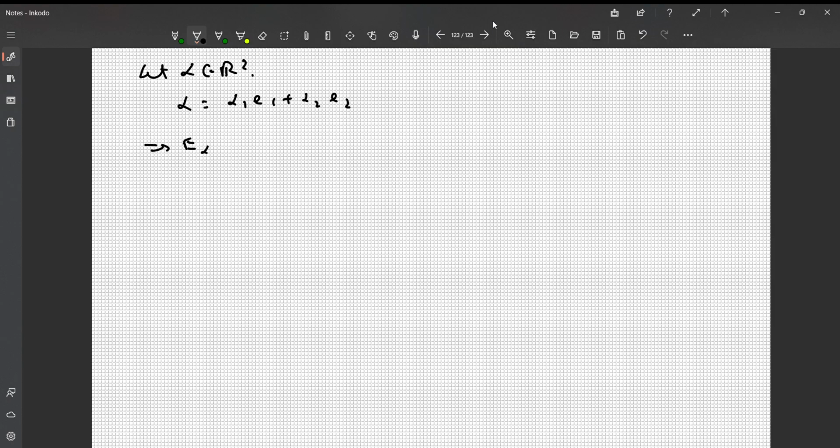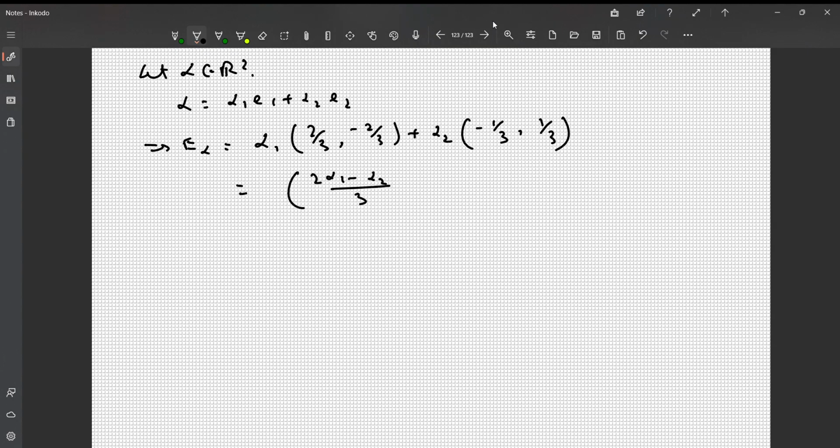So E of alpha is alpha 1 times 2 by 3, minus 2 by 3 plus alpha 2 times minus 1 by 3, 1 by 3. So you can frame it as 2 times alpha 1 minus alpha 2 by 3 and minus 2 alpha 1 plus alpha 2 by 3.